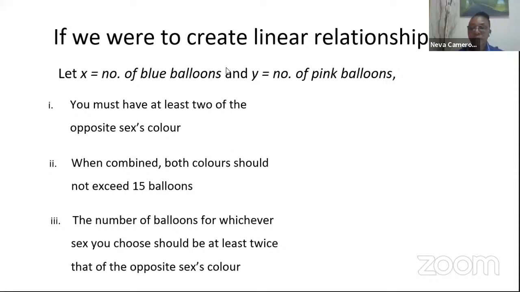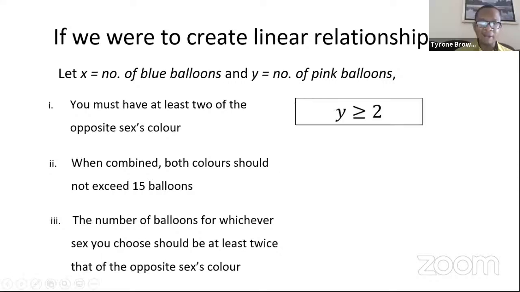All right, Caleb is saying lesser than or equal to. But in terms of which one of these statements are we referring to? Yes, we were talking about Y. Good. So we know that Y, being the number of pink balloons, must be greater than or equal to 2.